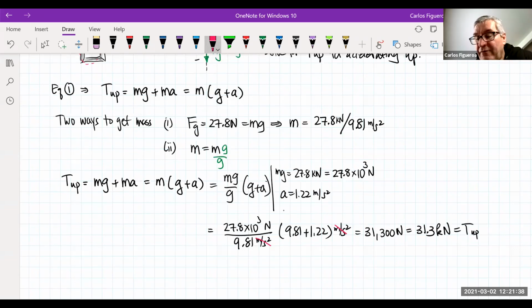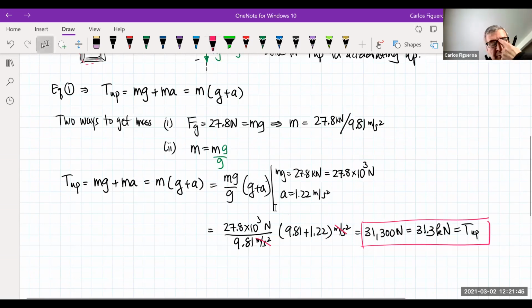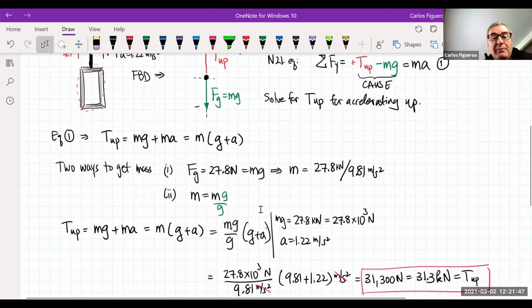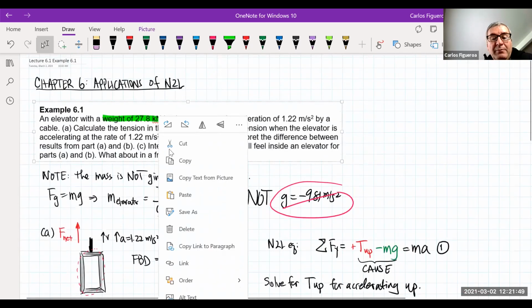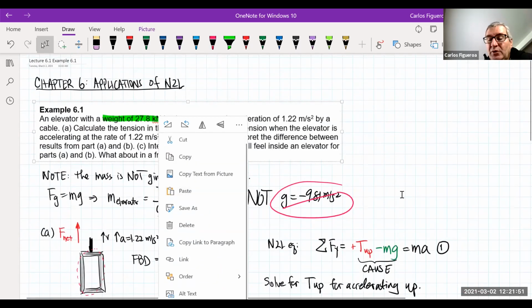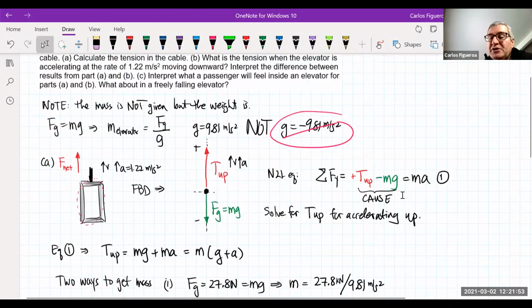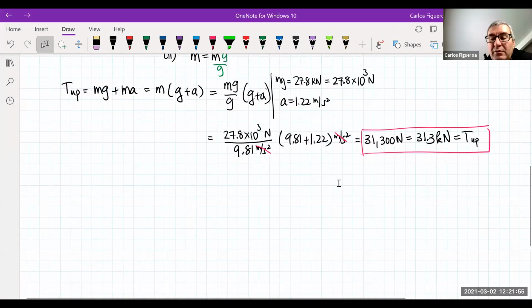So I now have my tension going up here. This is the tension required in the cable to accelerate this. Now note, does this make sense?